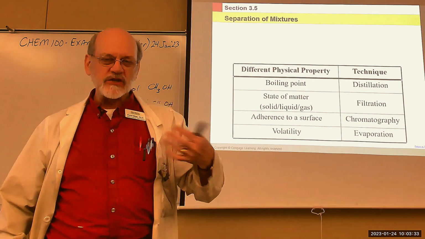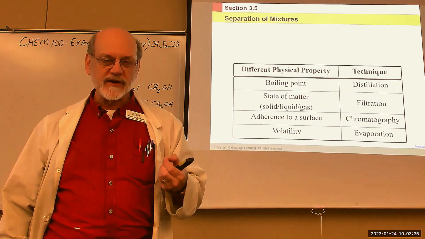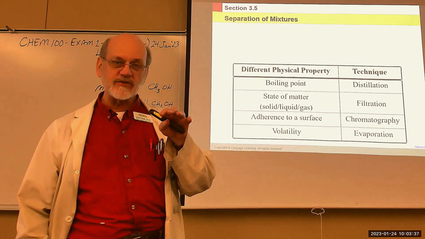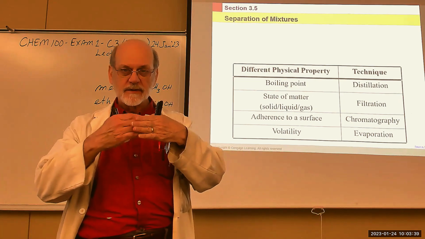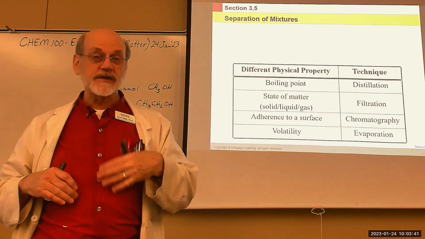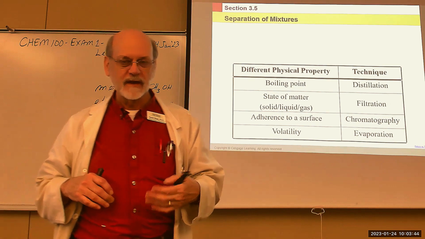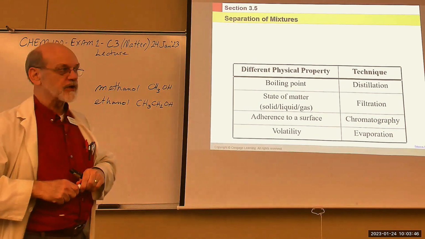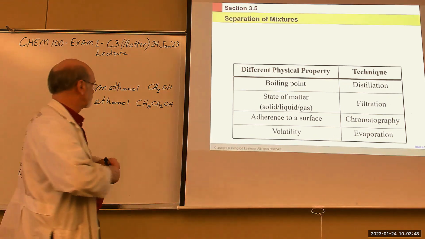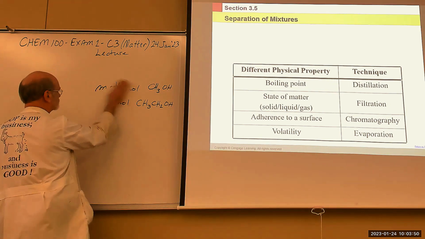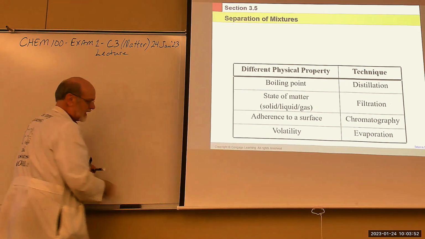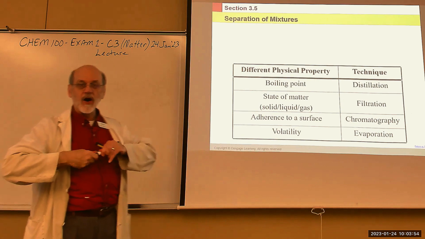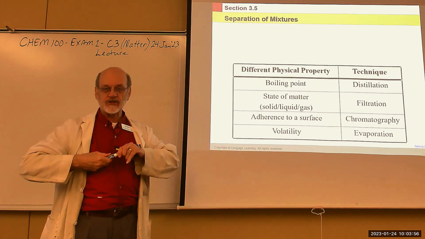If you have a differential adherence of the substances in your mixture to a surface, then you can use a process called chromatography. Originally, the first chromatography was done on paper. And it was an alcohol extract of leaf tissue.